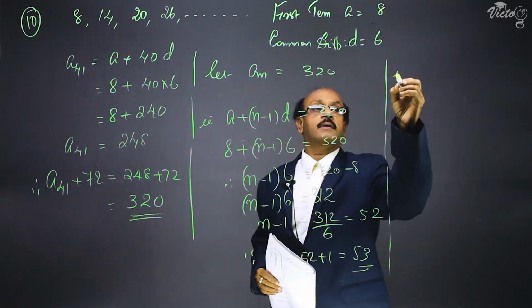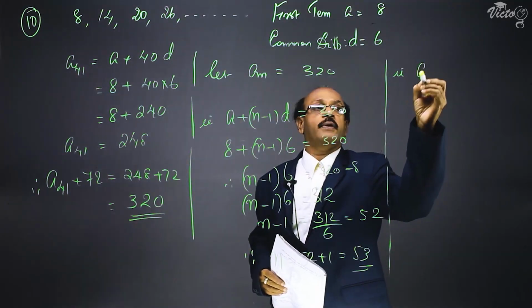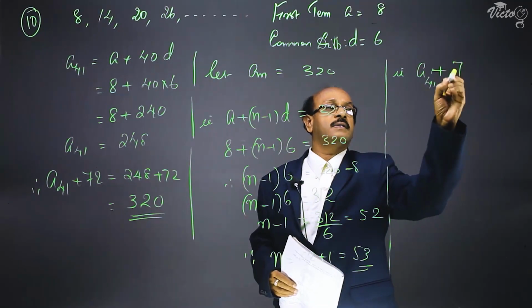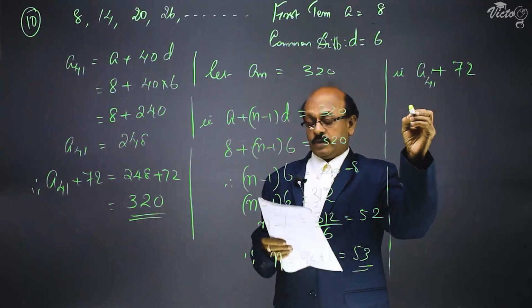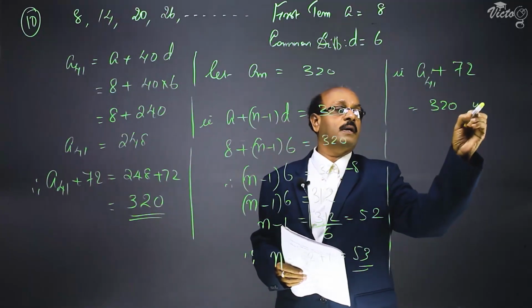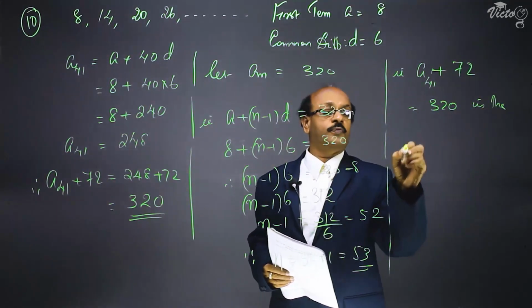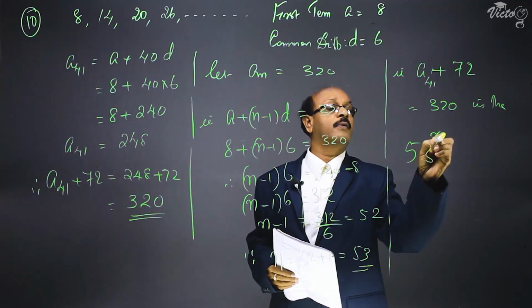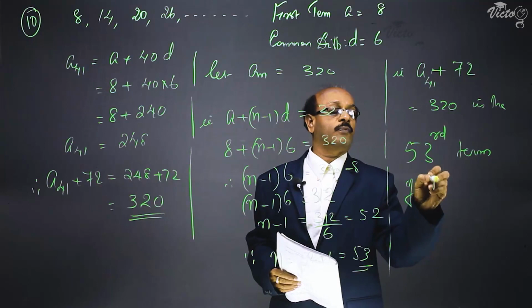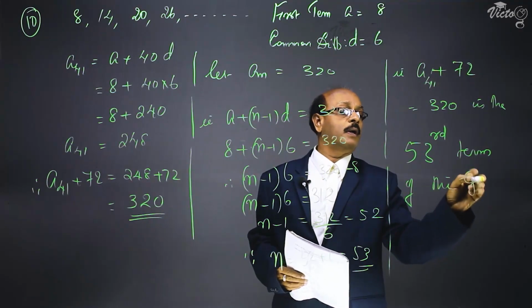That is, A41 plus 72, which is equal to 320, is the 53rd term of the given AP.